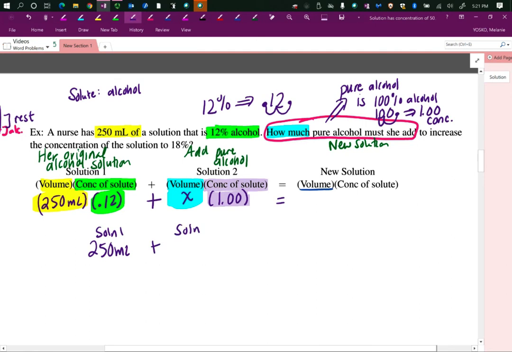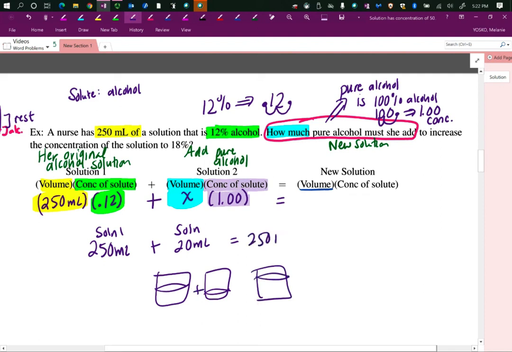I'm pulling a number out of the air. This has nothing to do with the problem. I'm just making an argument here. So what if we added 20 milliliters of solution 2? If you have 250 milliliters and then you add 20 milliliters, your new volume is going to be 250 plus 20 is 270 milliliters.